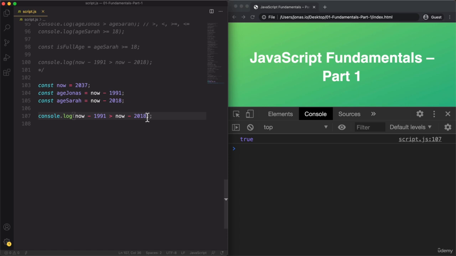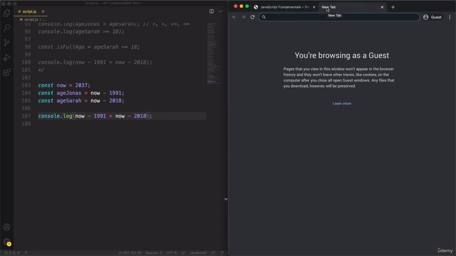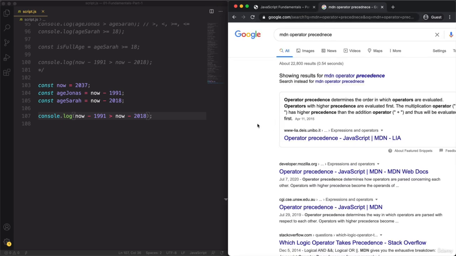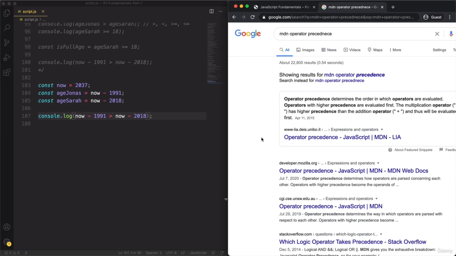And to actually see the precedence of all the different operators, let's check out a very handy precedence table. So let's Google MDN, which stands for Mozilla Developer Network, and then Operator Precedence. And so the one you're looking for is this one.